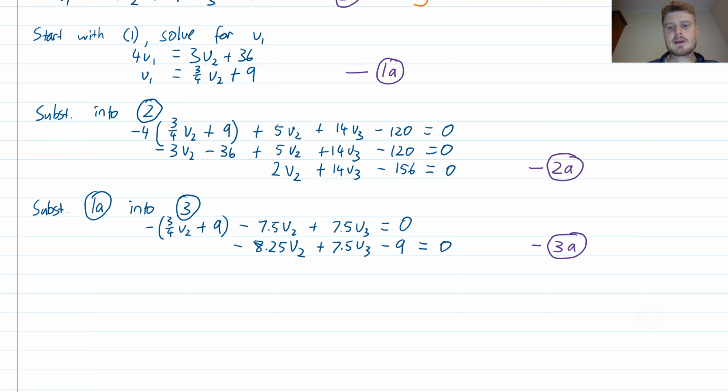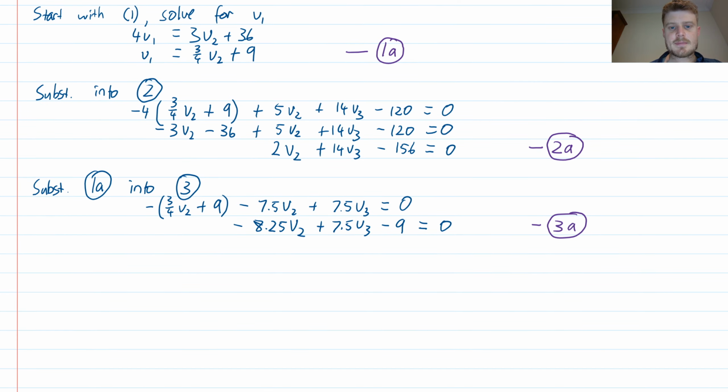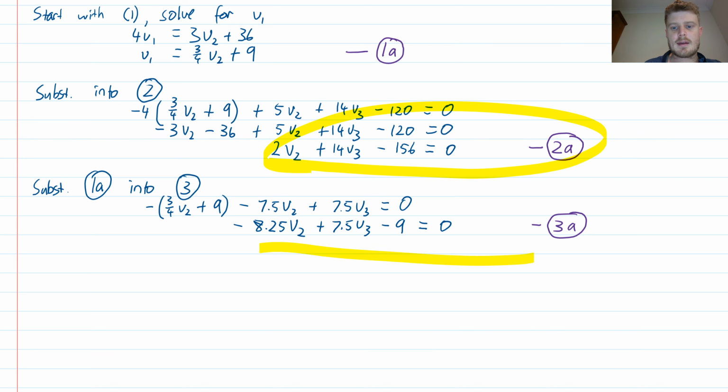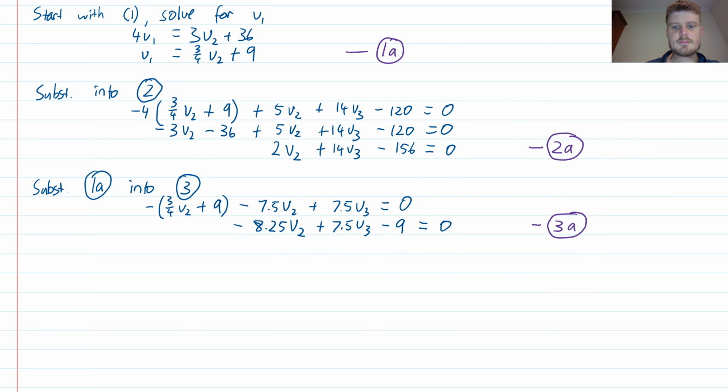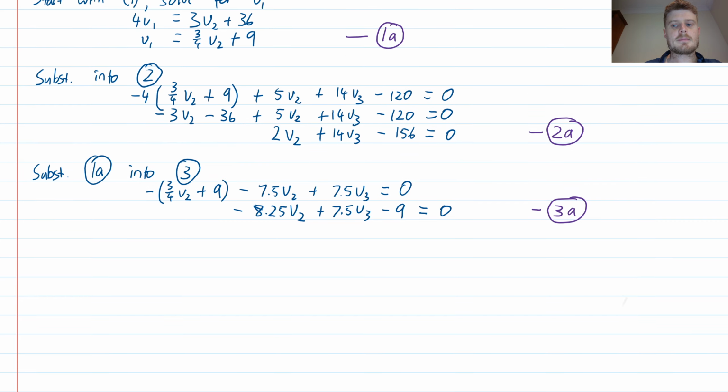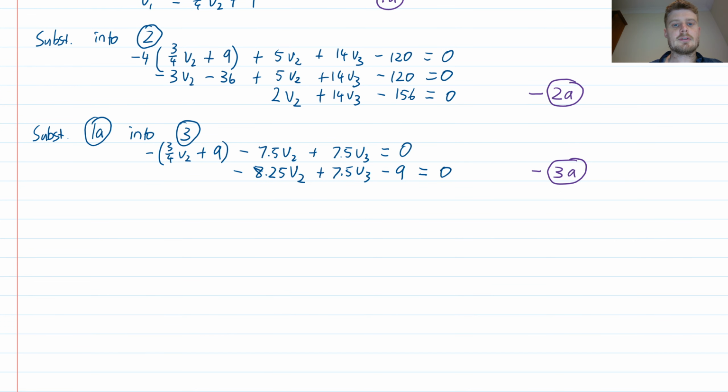So now if I look at the system that remains, so that's this one and this one, I have now a simpler system which has just 2 unknowns and 2 equations. So I'm kind of making progress towards my goal of solving for v2.